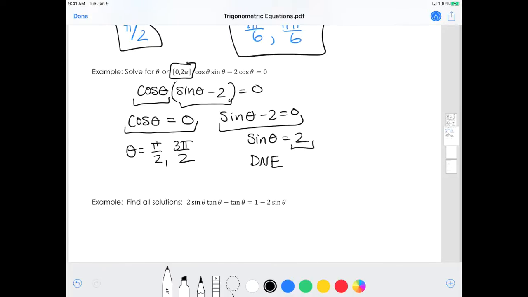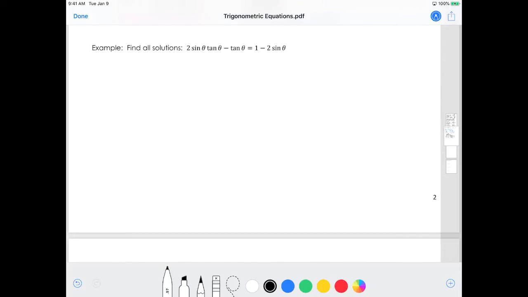So there's no place on the unit circle where I would have a terminal point with a y value of 2, because it's a unit circle, so the farthest it can go out is 1 since that's the radius. So for this equation, the only 2 answers I have on the first rotation are pi over 2 and 3 pi over 2.